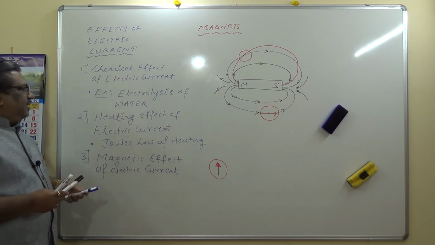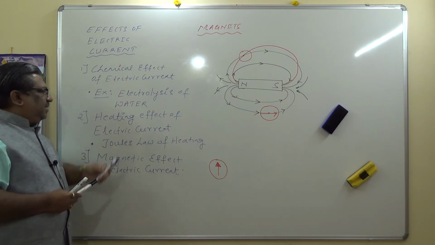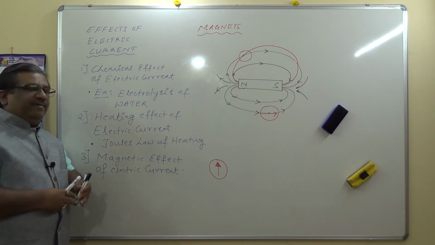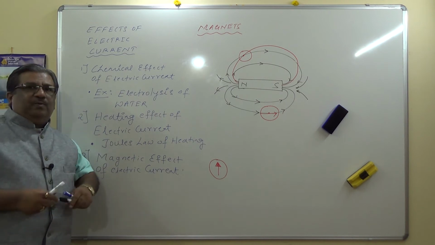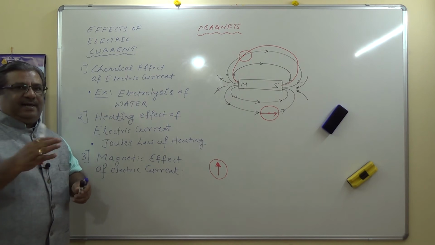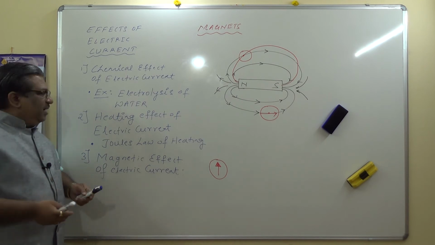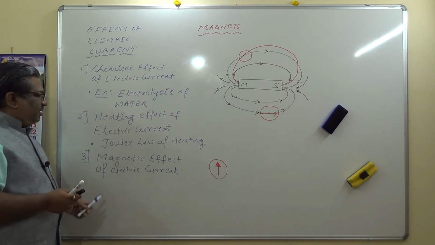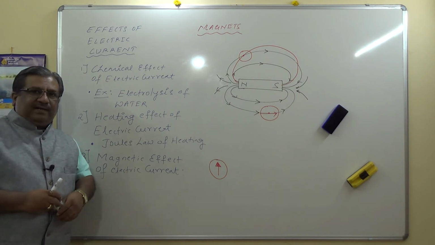Similarly, in the current electricity chapter, we found the heating effect of electric current. According to Joule's law of heating, whenever an electric current is made to pass through a purely resistive electric circuit, then the entire electrical energy will get converted into heat energy, and that is called the heating effect of electric current.